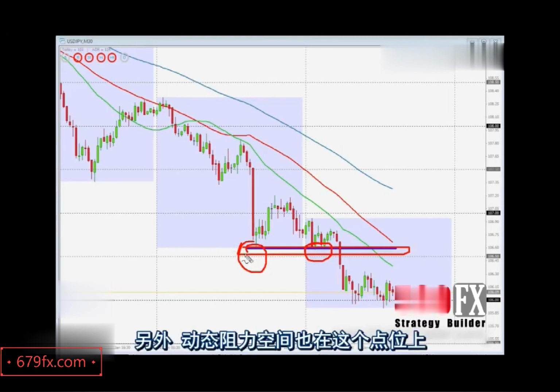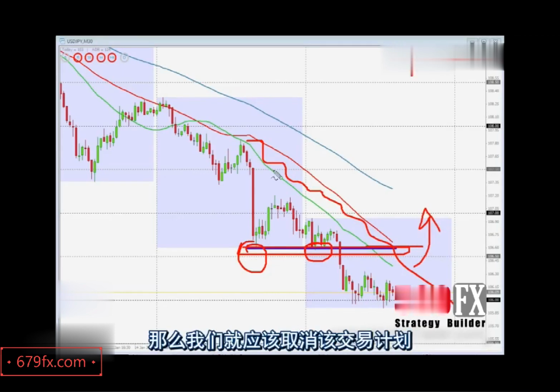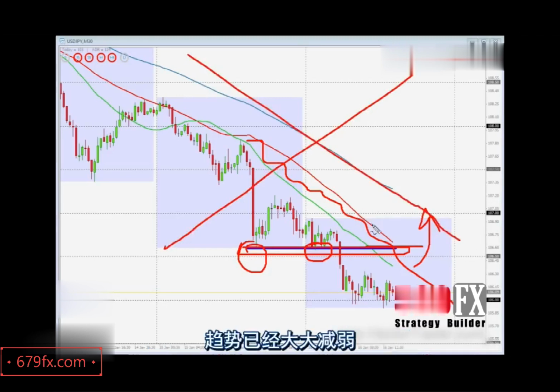That's the key level for the day, and we also have the dynamic area around that level. Should price break above that level, the whole setup will be compromised, the whole downtrend will weaken, and therefore I may want to not take this trade anymore.